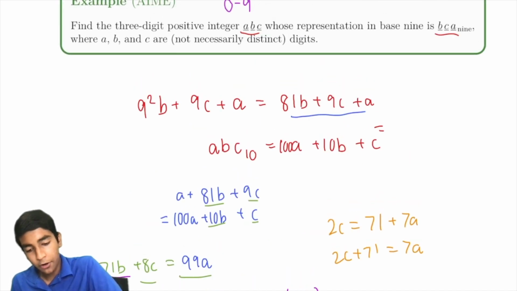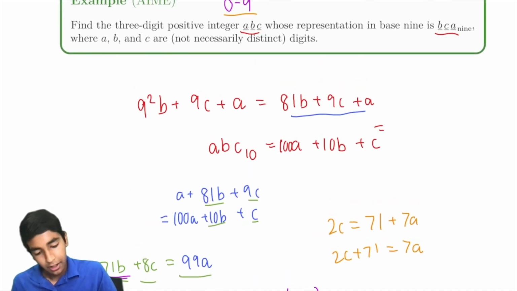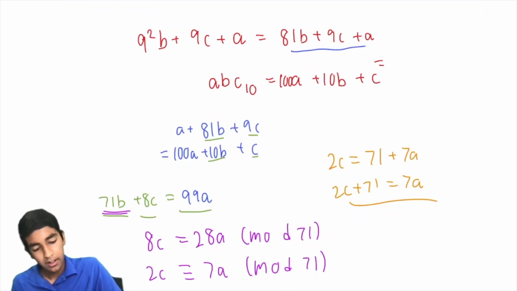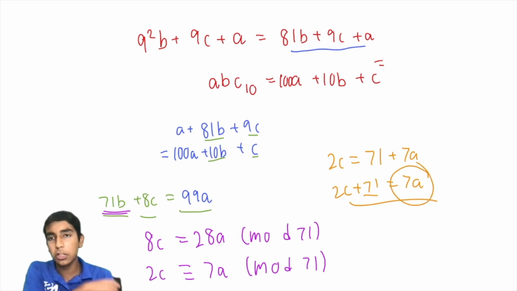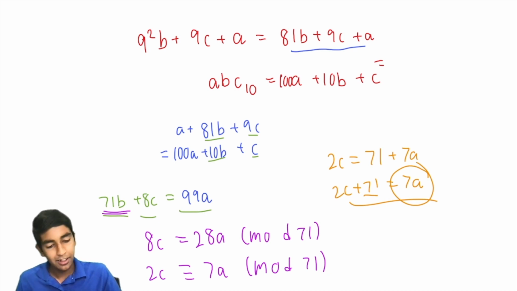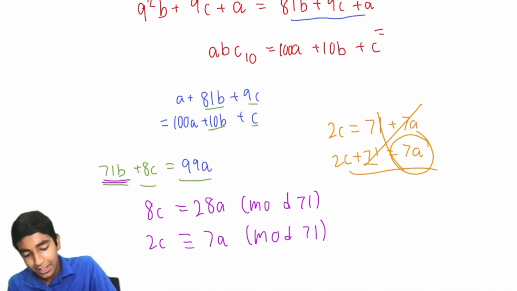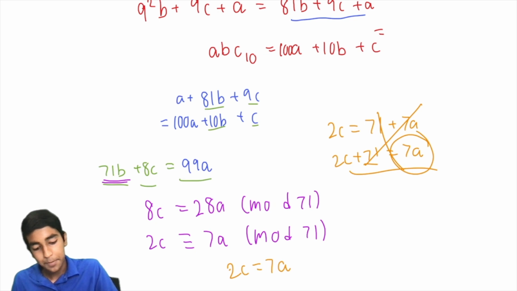But the key thing here is that they're all digits from 0 to 9. So this isn't possible. 7a is never going to be equal to 71, even if it's the largest possible digit, 9. So we must have 2c equals 7a. C equals 7, a equals 2.